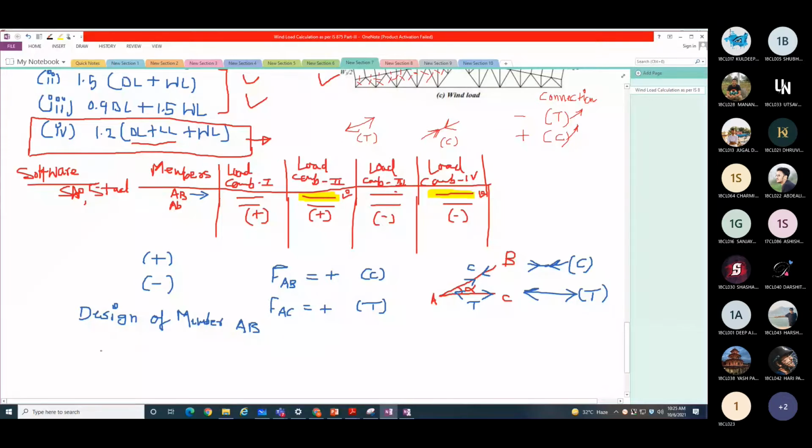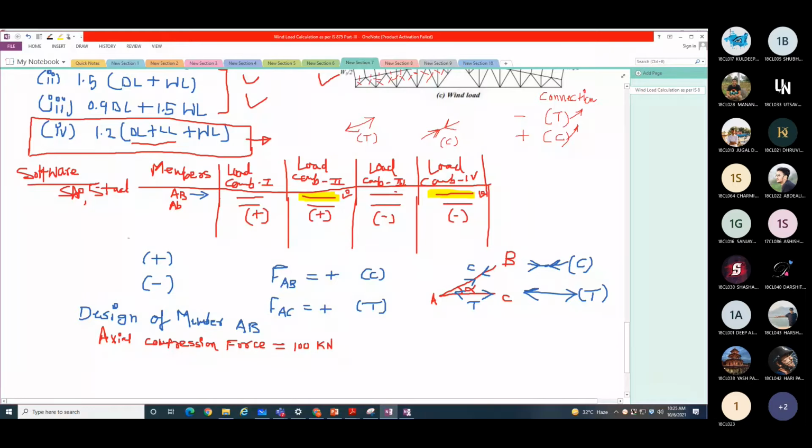Say for example, the axial compression force, axial compression force means positive, is here 100 kilonewton, just for the assumption, right?